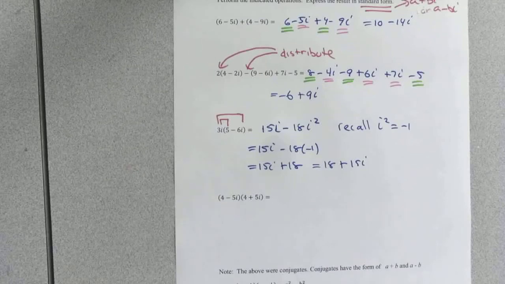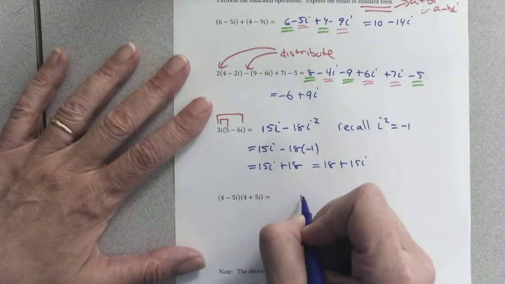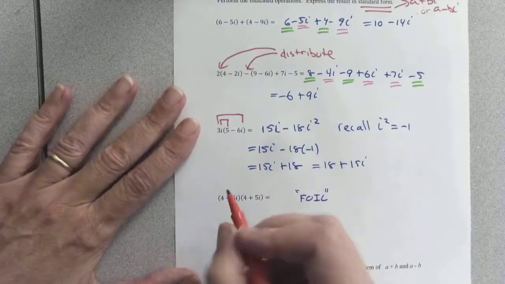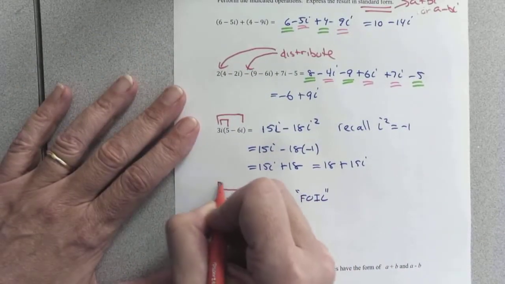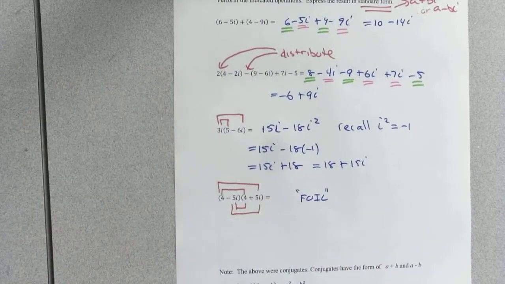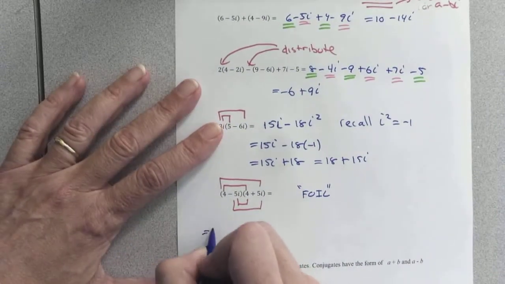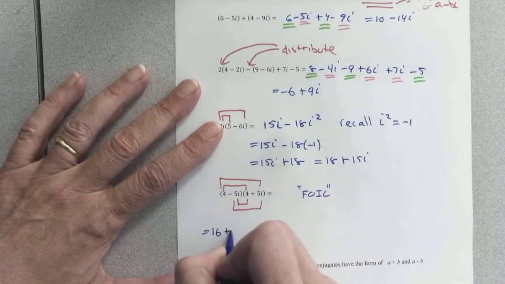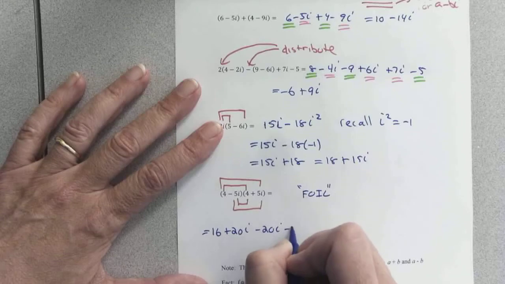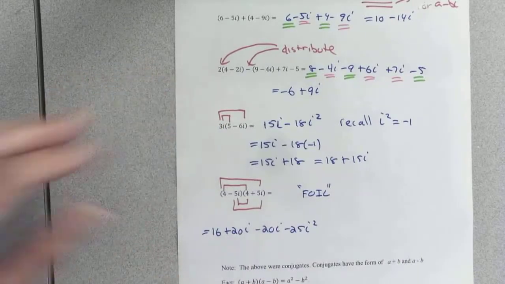Okay, next one. Again, starting normally, we would FOIL. So first, outside, inside, last. Foiling that, I'm going to get 16 plus 20i minus 20i minus 25i squared.